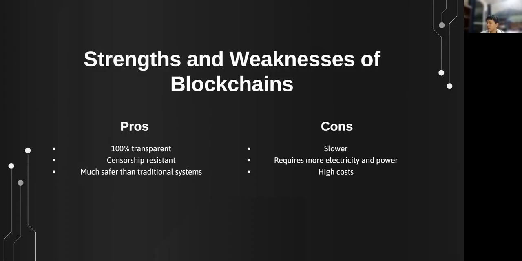Second, they require more electricity and power because of their verification system, at least for some of them, which is proof of work and crypto mining. They require high amounts of power to fulfill the requirements for validation. And lastly, there are high costs associated with blockchains. When you send money, there's a transaction fee called gas fees, and they're especially high.